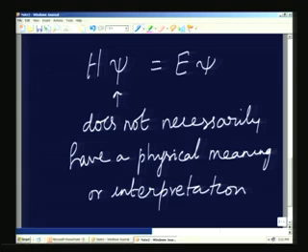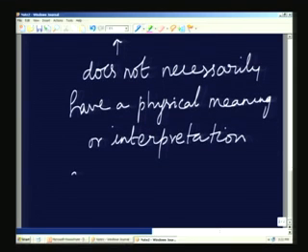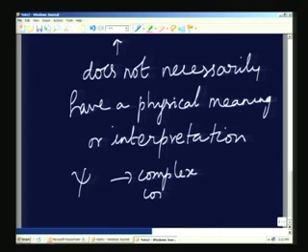So why go through the trouble? Fortunately, if psi is complex, then its complex conjugate is psi star. Okay, you know what is a complex conjugate?